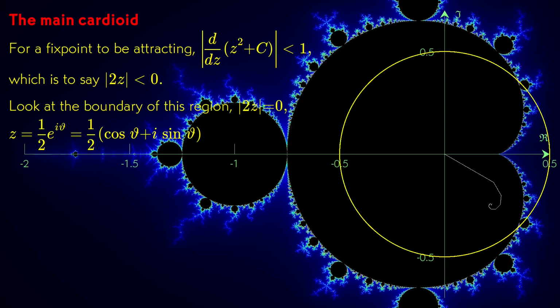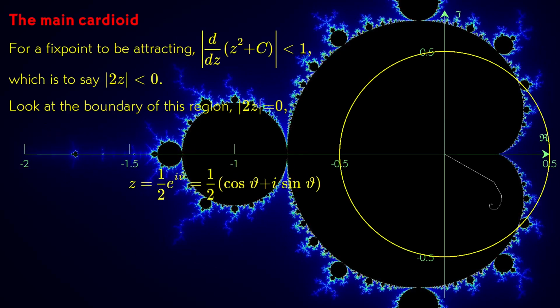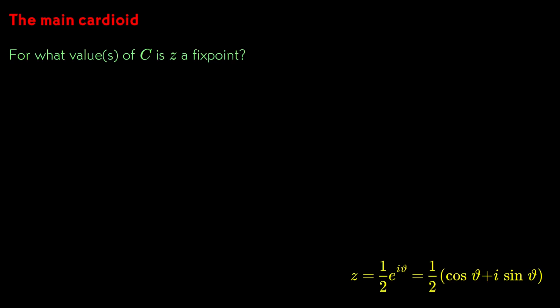I'll write the boundary of this region in polar form, and then move to the other chalkboard for a moment. What values of c will correspond to fixed points on the boundary of the circle? Answering that question, plus a moment of thought, will give us the values of c whose fixed points lie inside and outside. We'll begin with the equation for the fixed point and isolate c on the left-hand side.